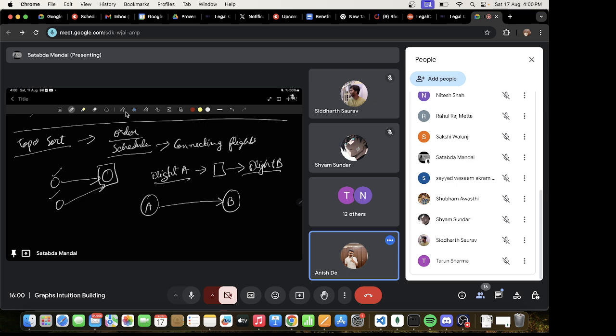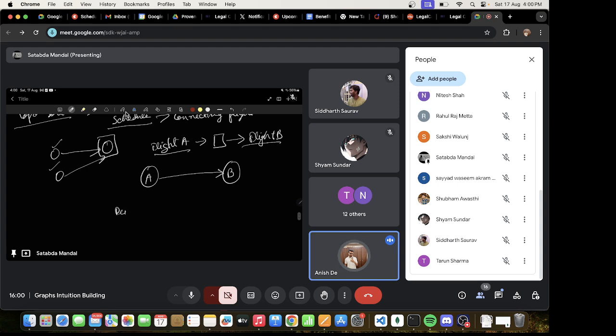The third point is whether there are dependencies on the nodes, and whether the dependencies are acyclic. Like B is dependent on A, but flight B cannot be dependent on flight A back. This is not possible. Whenever you have a circular dependency, toposort will not be possible. Then it's not a toposort question, it's a question for some other algorithm.